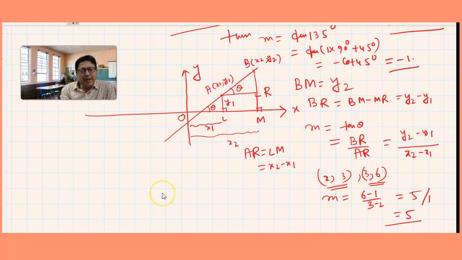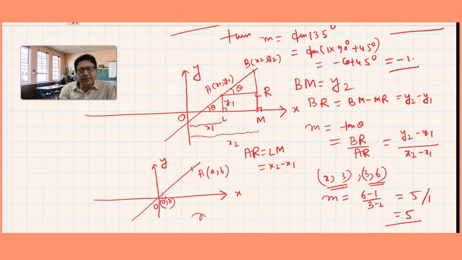What will be the slope of a line which passes through the origin? Passes through origin means the origin is a point lying on the line. So if any point is given over there, suppose the point is a comma b, then the slope is going to be tan theta, which is nothing but b minus 0 by a minus 0, that is b by a.